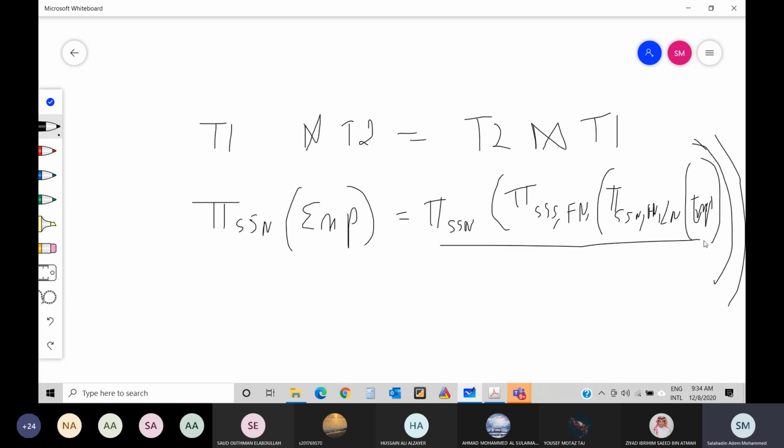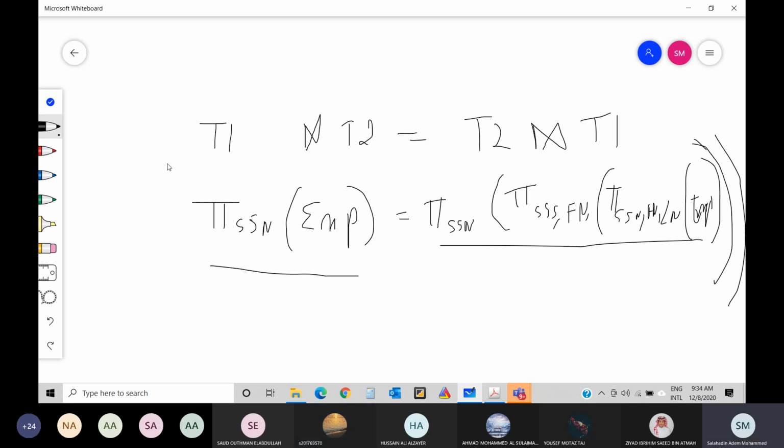Do you think this will give the same result as this? You mean if the employee has just first name and last name? Exactly. Will the output of this be the same as the output of this? Yes, it is.